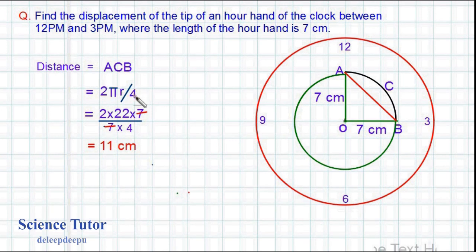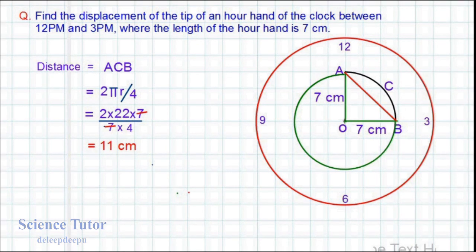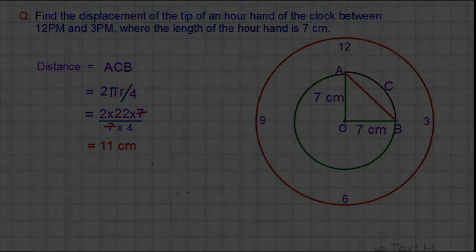So it is 2 pi r divided by 4. So 2 into 22 by 7 into 7 divided by 4. At that time, you can cancel 7 and 7. After dividing, you will get 11 centimeters. So the distance covered by the tip of the hour hand is 11 centimeters. I hope you enjoyed this class.